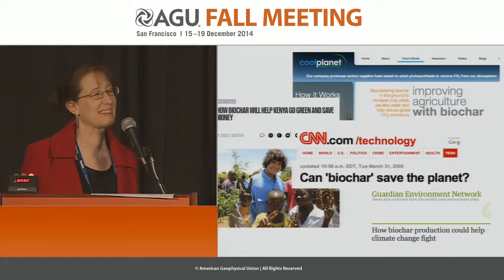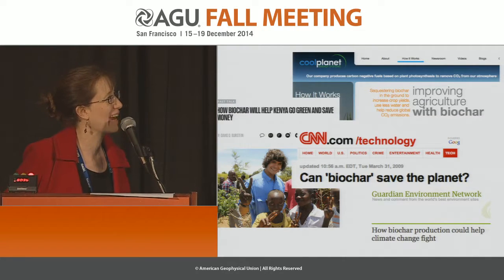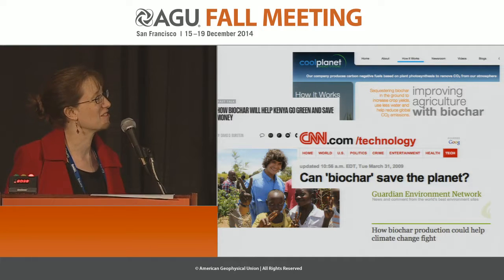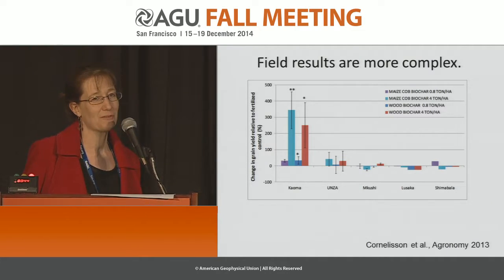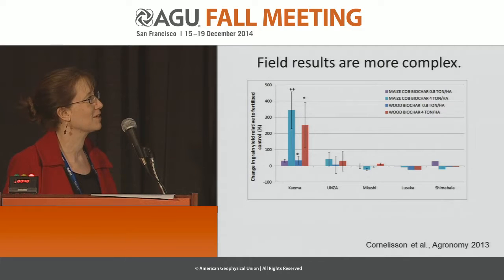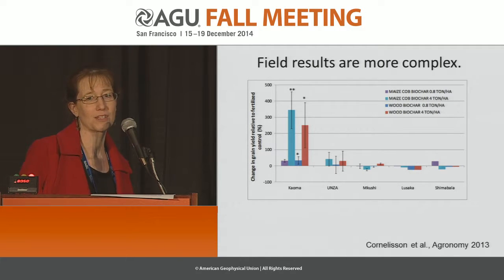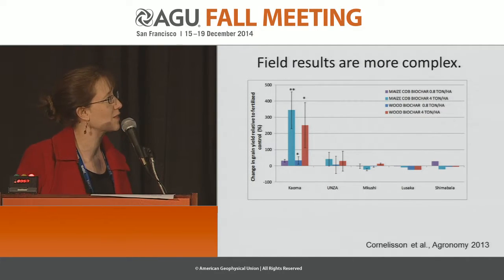So I started with the gimmick slide. This is what happens when you search biochar in the news. We see the hype that our community has created. And then I wanted to put this slide up. This is one of my favorite slides because it really illustrates the complexity of our field results. This is from a field trial in Zambia run by Corneliuson et al. and published in 2013.